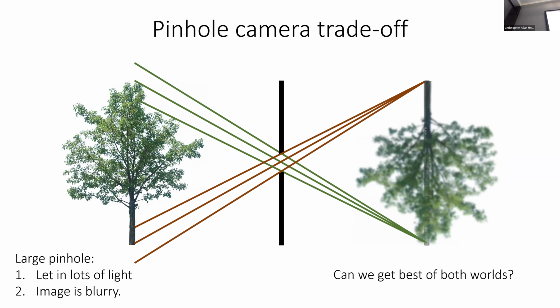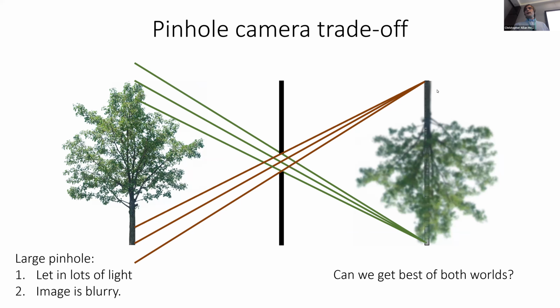But this is going to blur things out. If we have a larger aperture, now we're capturing light at all these angles. But now this pixel, rather than just recording a single point from the scene, is going to capture light from a whole region. It's going to produce a blurry image. And so you have this tension. The smaller you make the pinhole, the sharper your image is going to be. But on the other hand, you're going to capture less and less light.